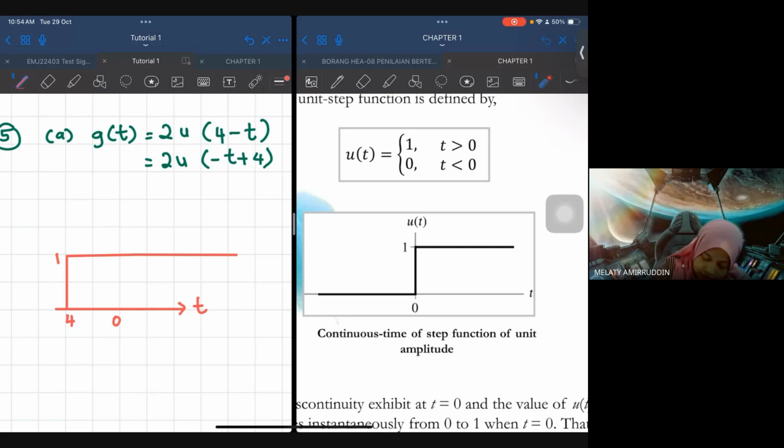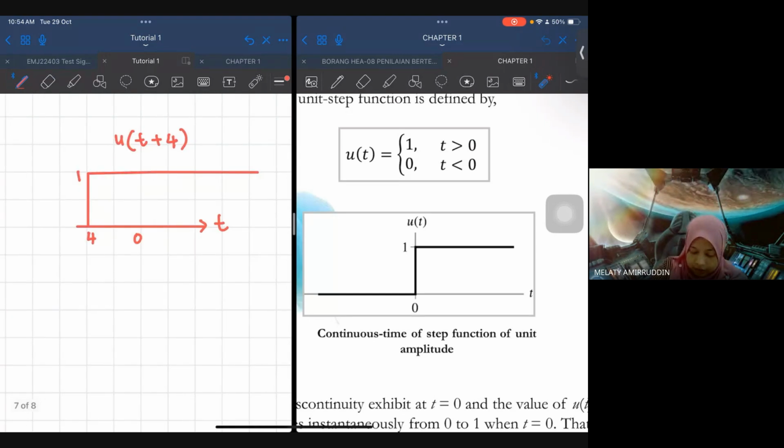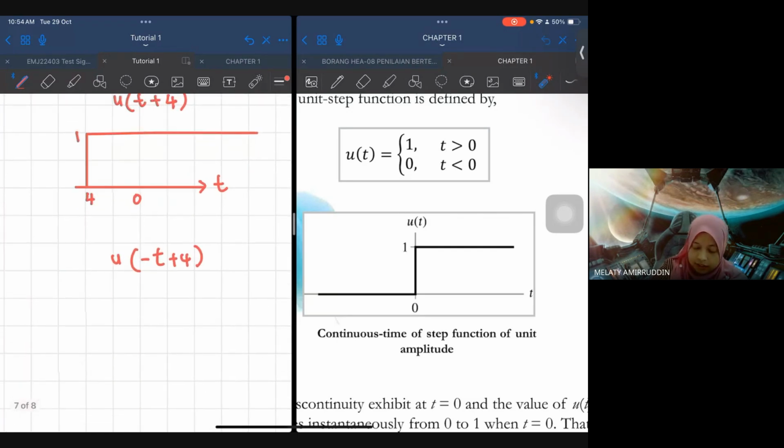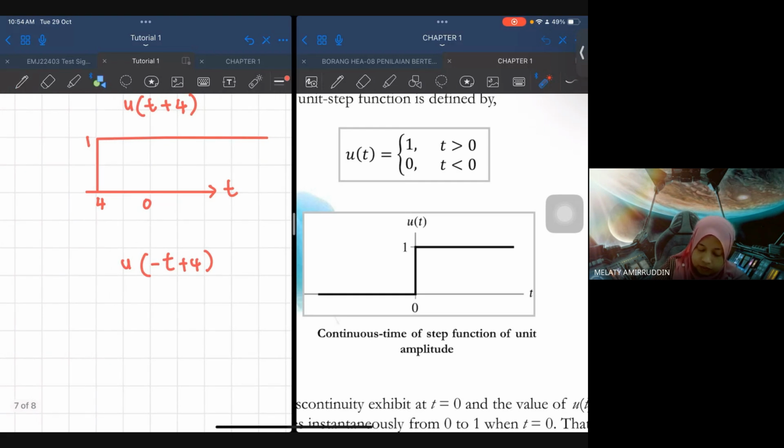This is the U(T plus 4) signal. And then you need to do U(-T plus 4), meaning that you need to reflect the signal. Do reflection.